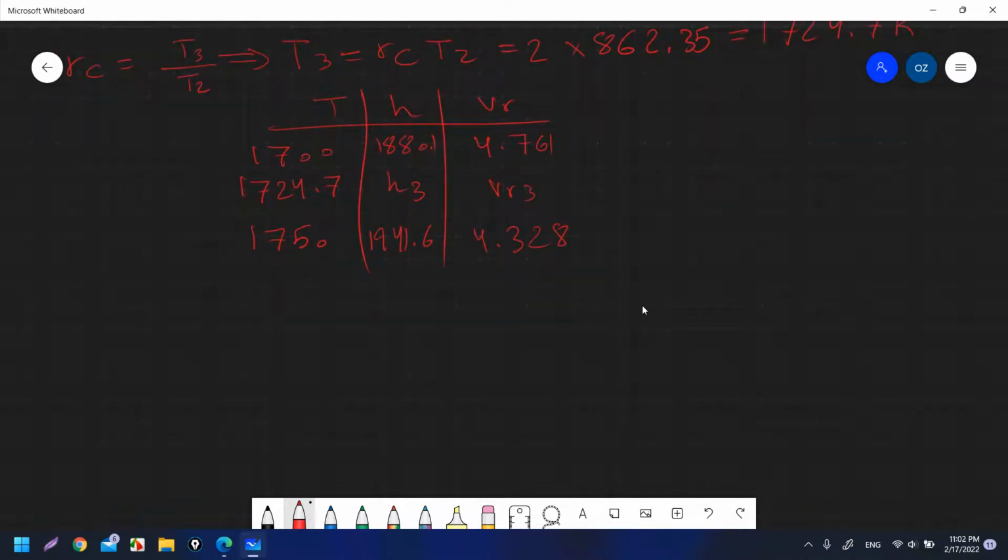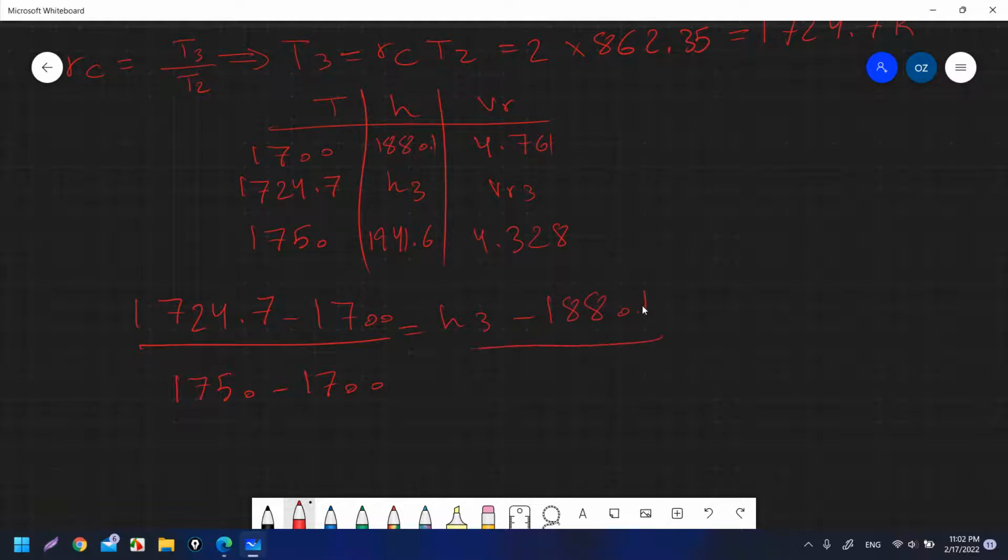So the interpolation will be (1724.7 minus 1700) over (1750 minus 1700), equal to (h3 minus 1880.1) over (1941.6 minus 1880.1), equal to (vr3 minus 4.761) over (4.328 minus 4.761).